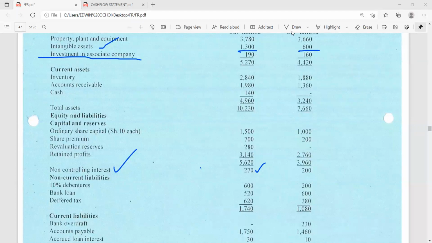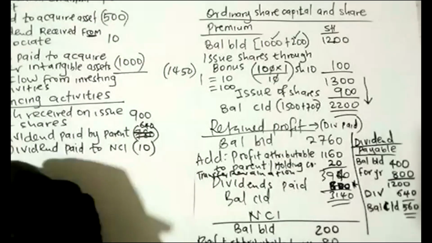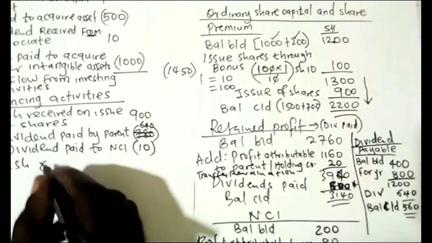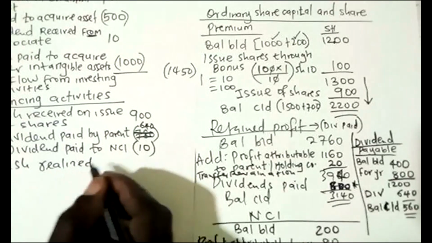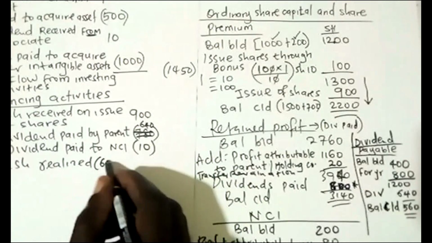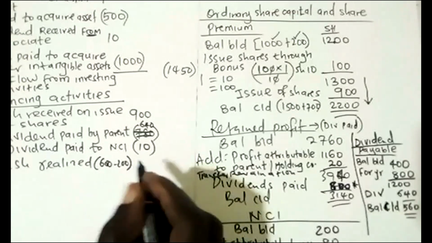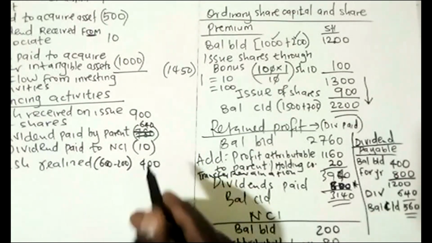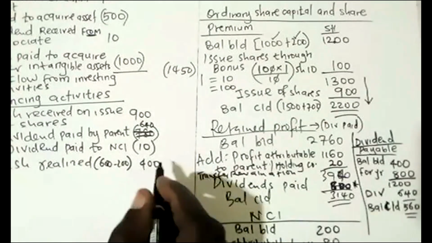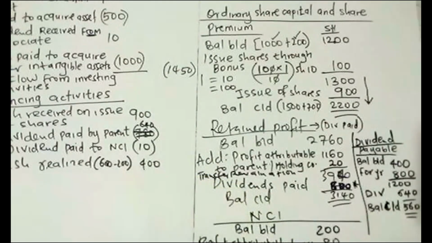At the start, it was 200, at the end is 600. So there's a cash realized on issue of a debenture of 400, 600 minus 200, from the debenture. So that is money in.